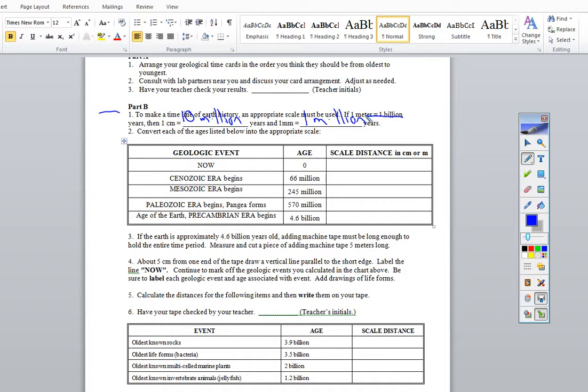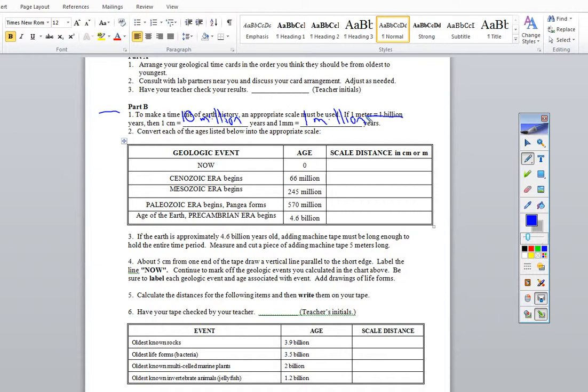If we're measuring out 4.6 billion years, every meter stick represents 1 billion years. So if I lay some tape down here and say this is the present, and I throw the stick down, that would be 1 meter, 1 billion, 2 billion, 3 billion, and at 4 meters, am I going to go all the way to 5 meters? No. So somewhere I'm going to stop.